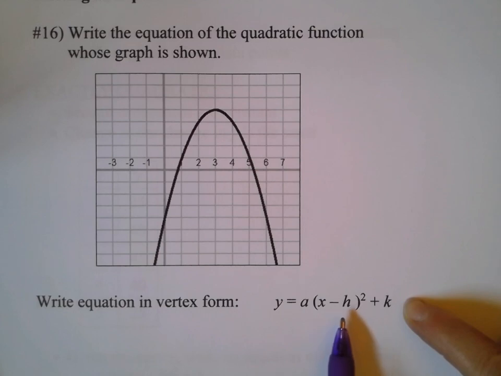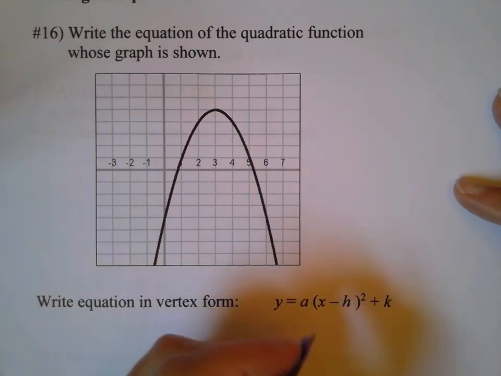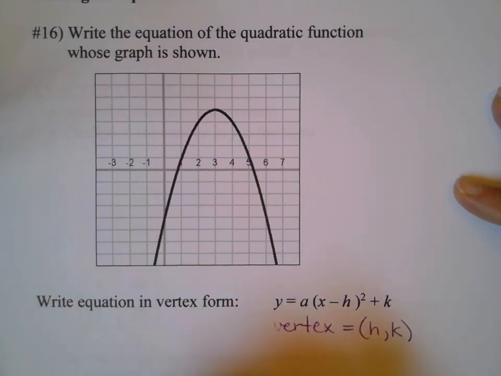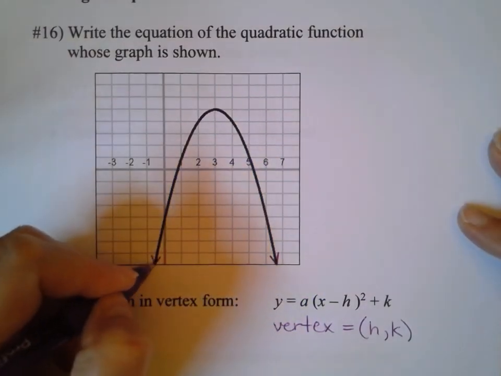So the h and the k, if you'll remember, those go together to make the vertex. Let me just jot that down. Because this relates directly to the graph, we could reason out the values for h and k very easily. Let me add in my arrows here.